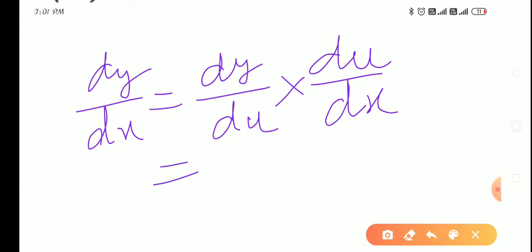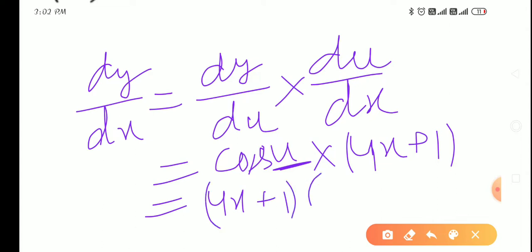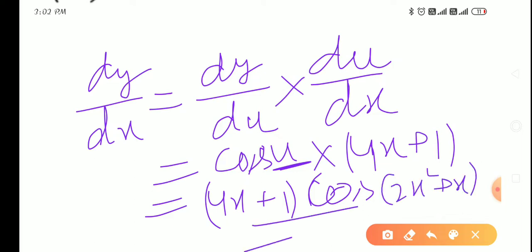And what was dy upon du? It was cos u, and multiplied by 4x plus 1. Now value of u can be put, so it will give 4x plus 1 into cos of 2x square plus x. So same answer is coming.